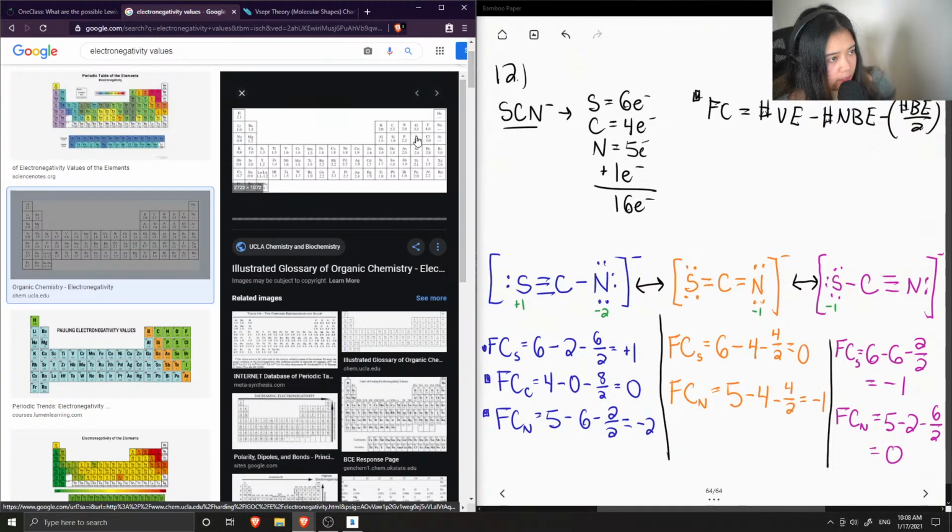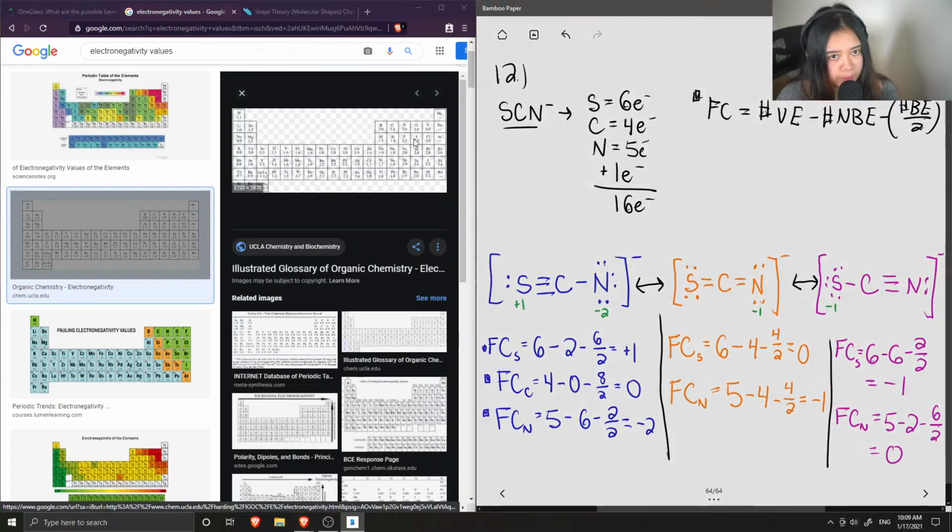Nitrogen has an electronegativity of around 3.0, and sulfur has an electronegativity of 2.5. So therefore the middle resonance structure would be the best one, since the nitrogen is the one that has the negative formal charge.